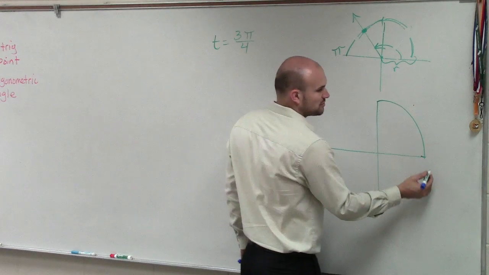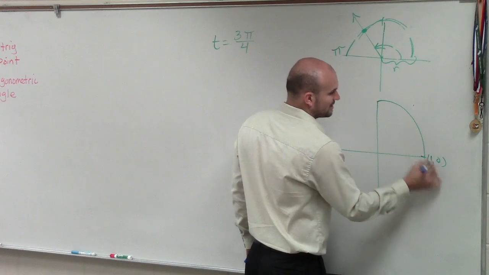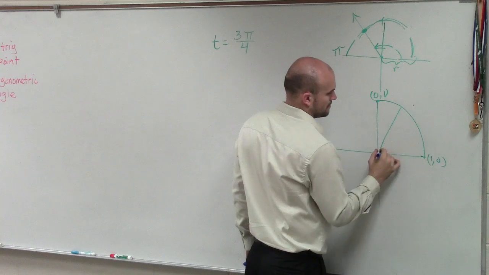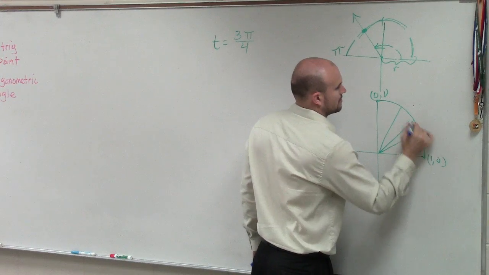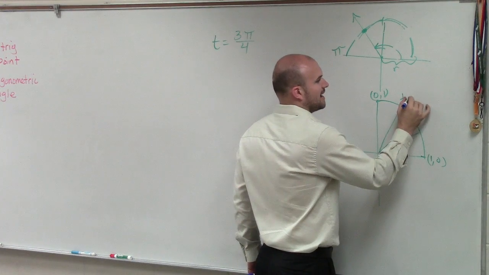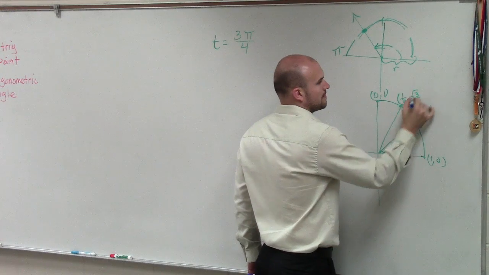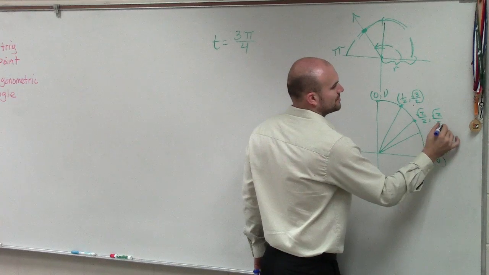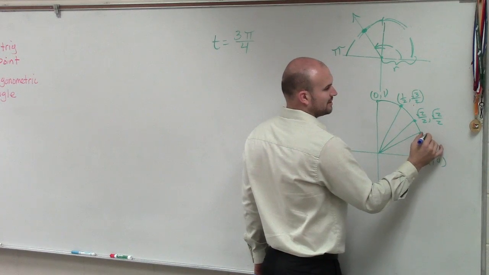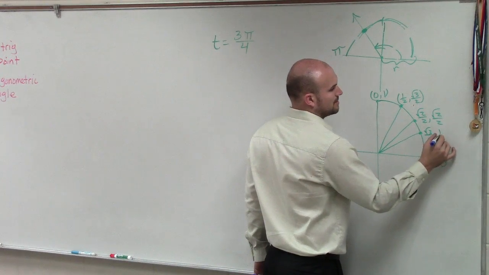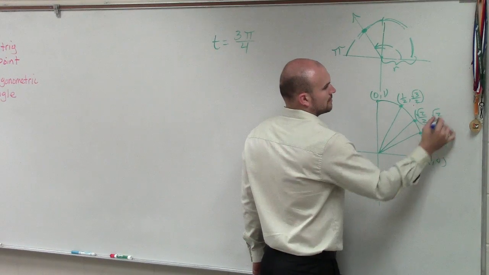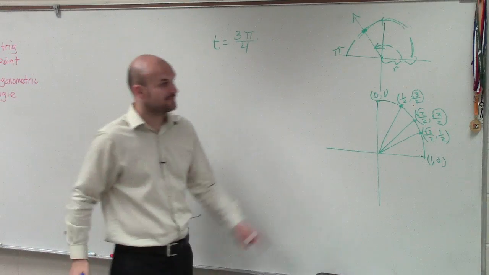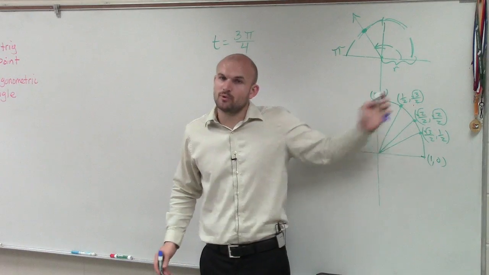My first quadrant has the coordinate points 1, 0 and 0, 1. This point is 1/2, square root of 3 over 2. This point is square root of 2 over 2, square root of 2 over 2. This point is square root of 3 over 2, 1/2. Remember in my example, I said x and y, x and y, x and y. These are the coordinate points for certain angles.